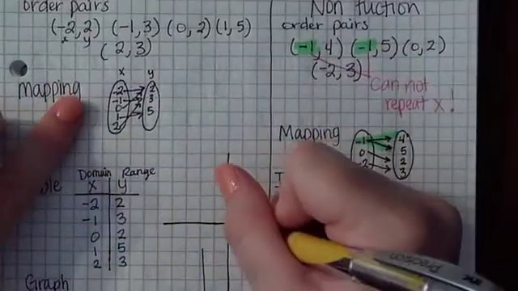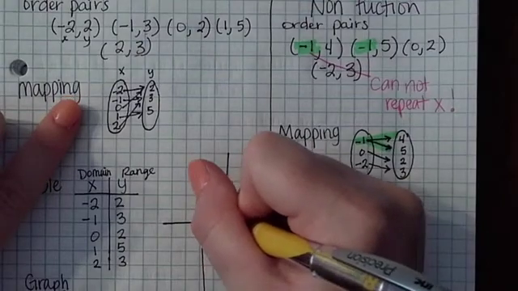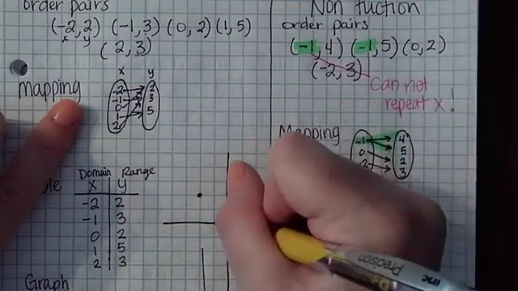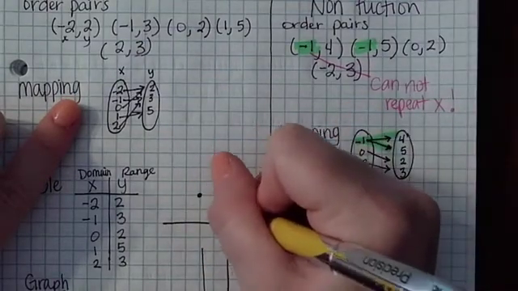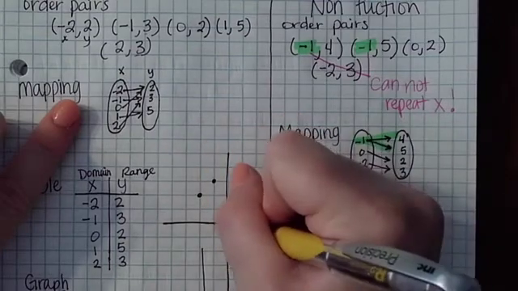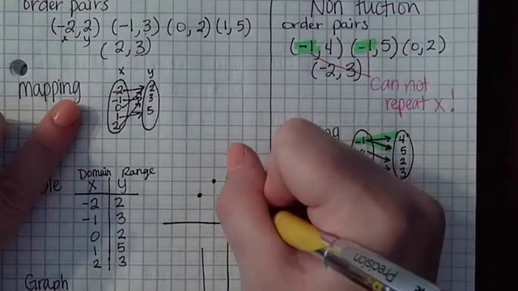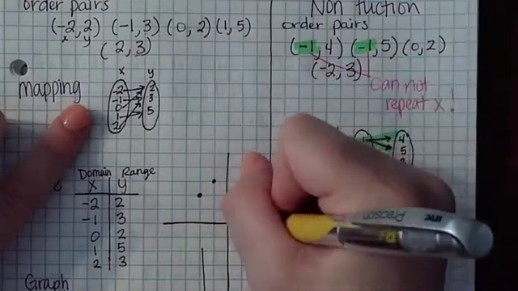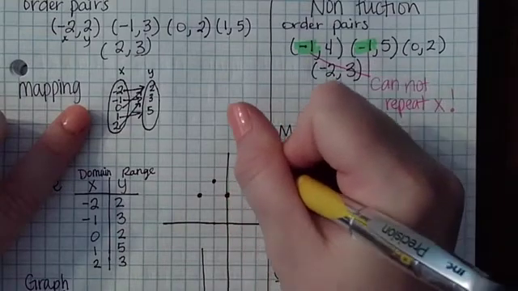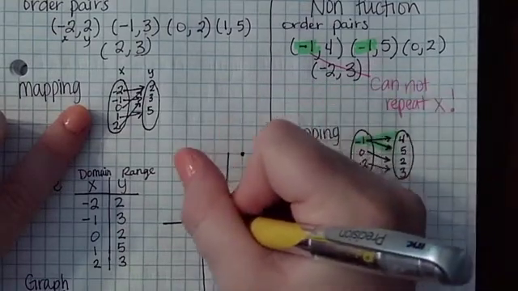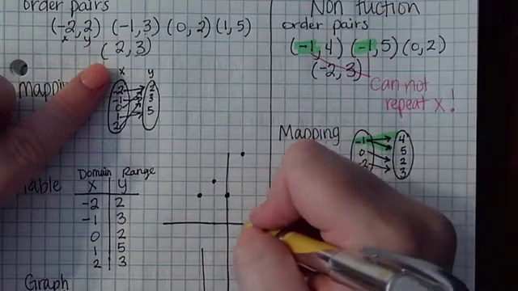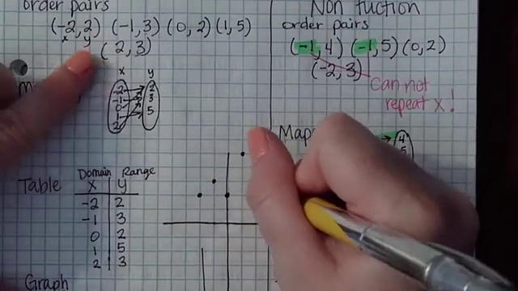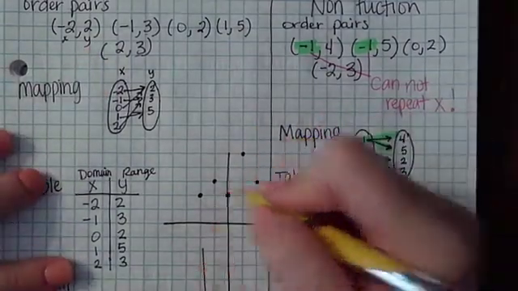So I'm going to go negative 2, so 1, 2, up 2, 1, 2. I'm going to go negative 1, go up 1, 2, 3. I'm going to go 0, 2, 1, 2, 1, 5, 1, 1, 2, 3, 4, 5, and then 2, 3. 1, 2, 1, 2, 3. Okay.